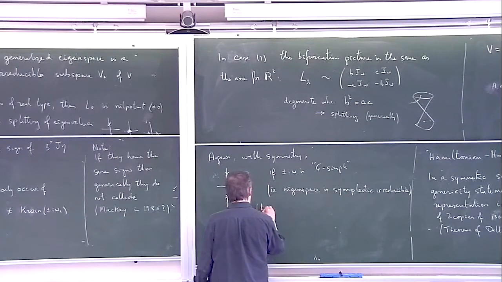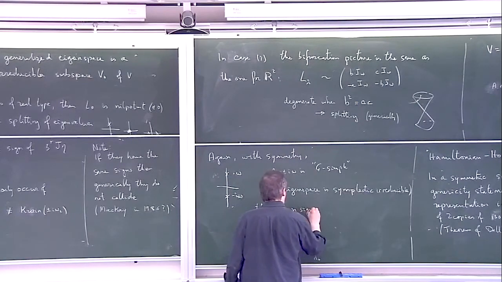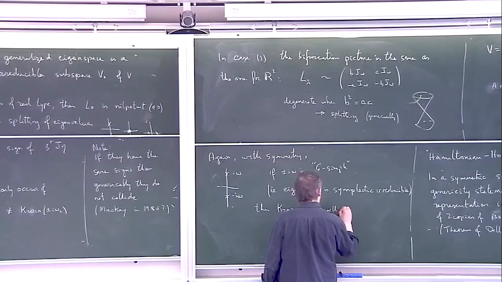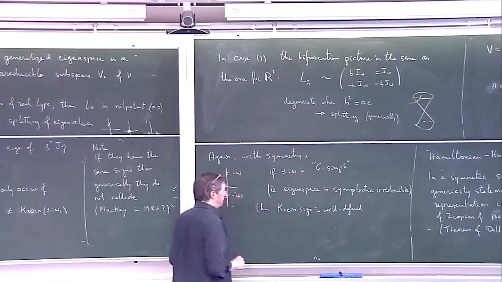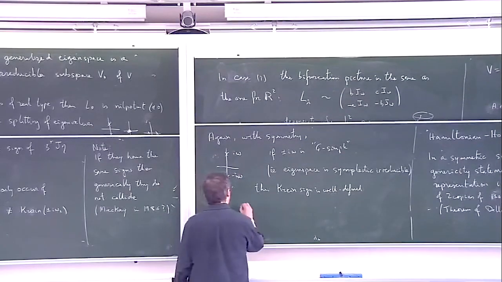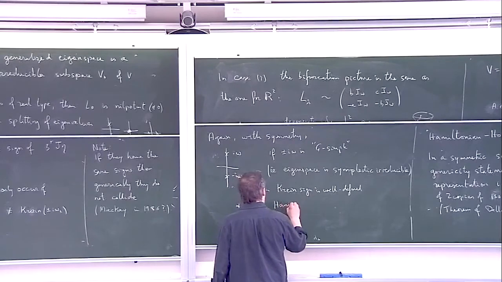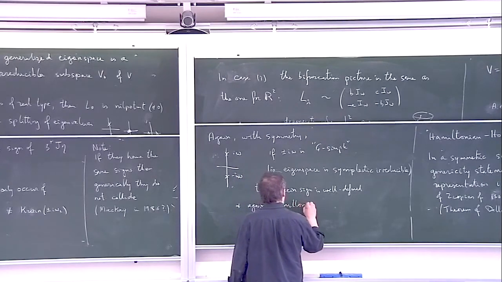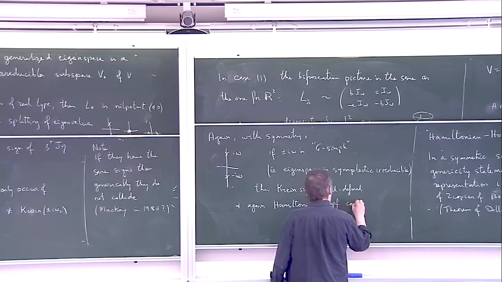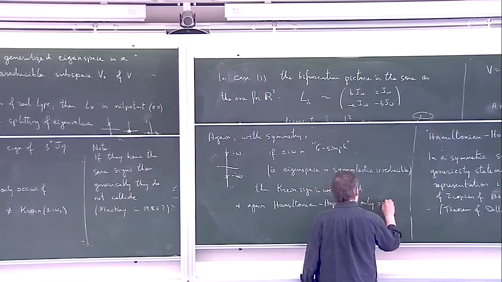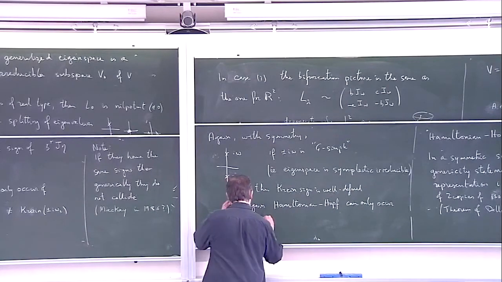Then the Krein sign is well defined. And again, Hamiltonian Hopf can only occur for opposite signs.